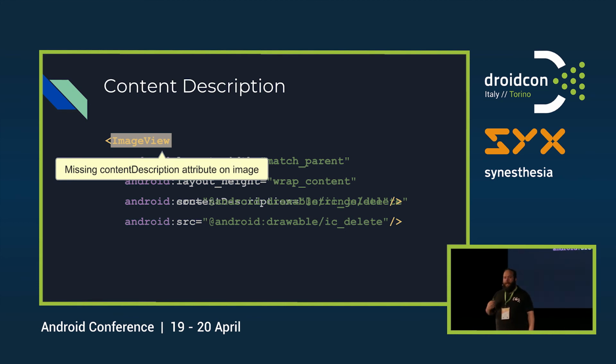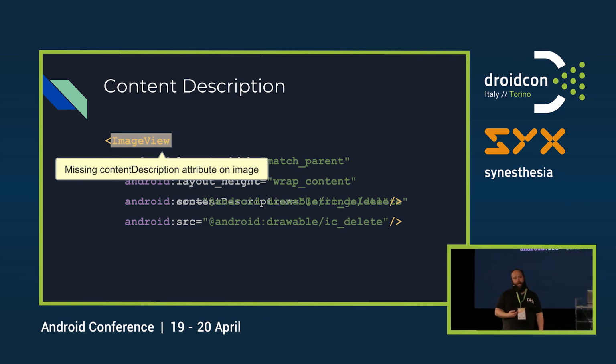For the button, it is the text of the button. For the image view, we don't have a text, so we have to implement it. The text view will read the value of text, or the text shown in that moment. But for the images, we should implement it.